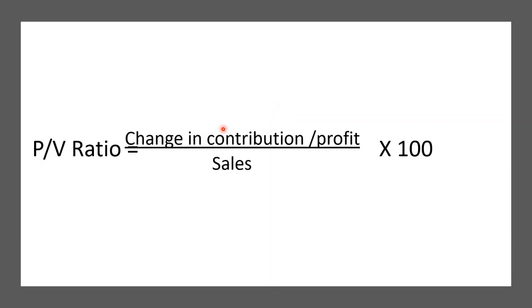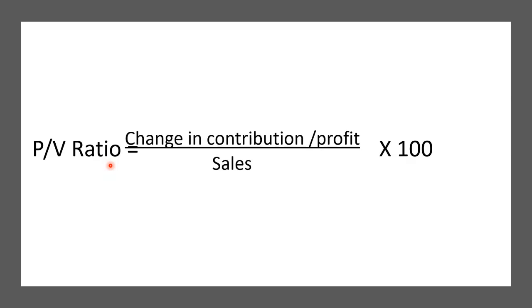When 400 units of difference in volume happened, the contribution has increased by 4,000, which means per unit contribution now is how much? 10 rupees. Because your per unit contribution is 10, that 4,000 divided by your incremental sales 400 is 10, into 100, right? 10% is the profit volume ratio.